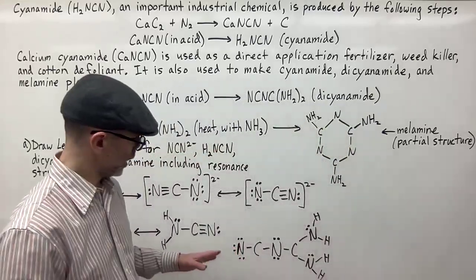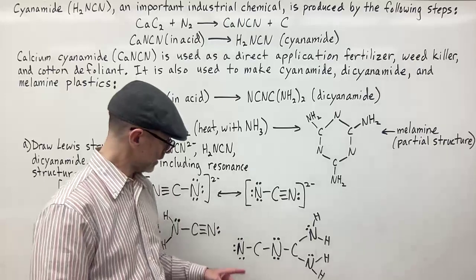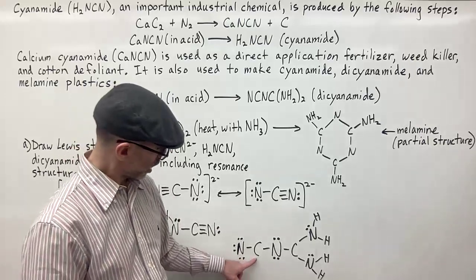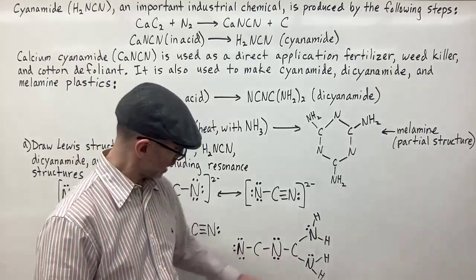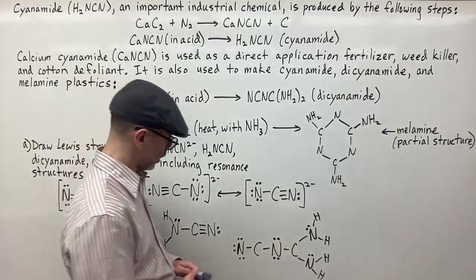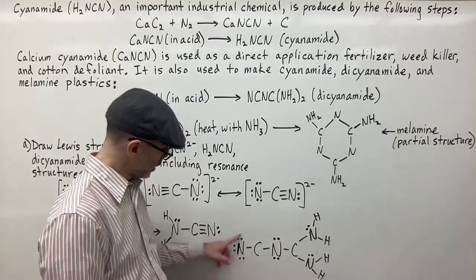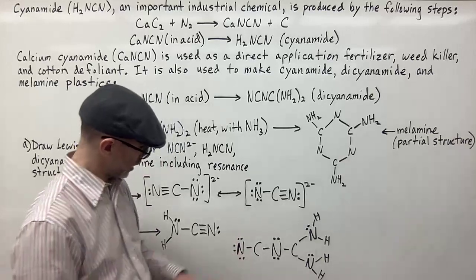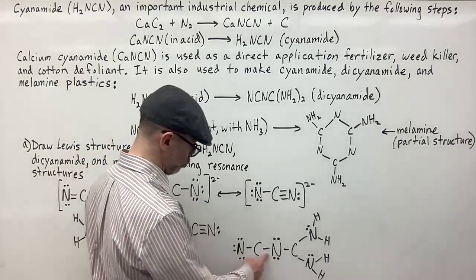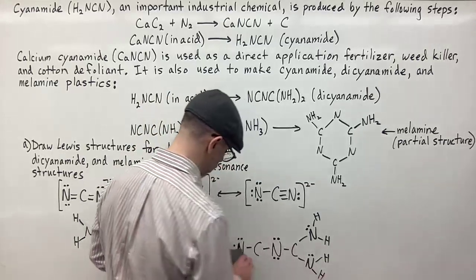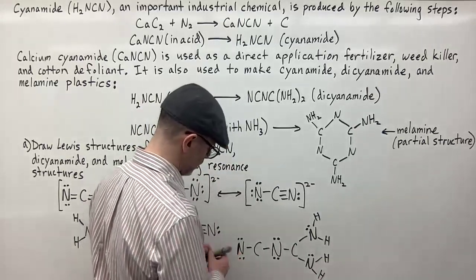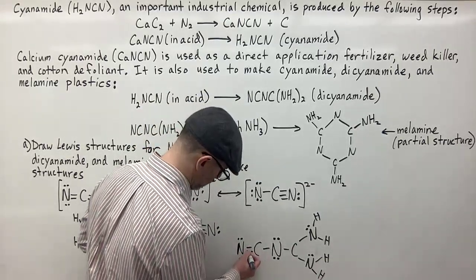Now I need to double check to make sure everyone has an octet. You'll notice that this carbon and this carbon do not have an octet. So we need to make double bonds. So a lone pair from this nitrogen can make a double bond here. This one needs 2 more bonds. So I'm going to move a lone pair from this nitrogen, create a double bond.